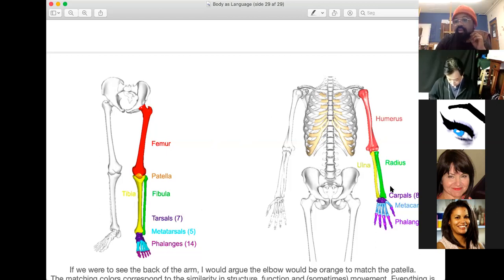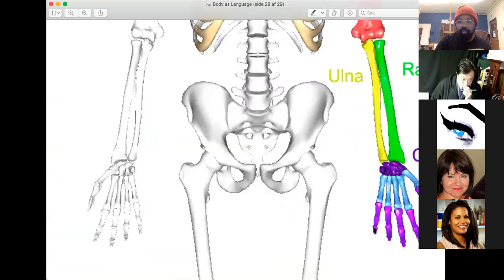And then sometimes even the names are the same or they rhyme, like metacarpals, metatarsals, and the phalanges are both the same here, meaning lined up flanks in an army, because the bones are lined up one after another.